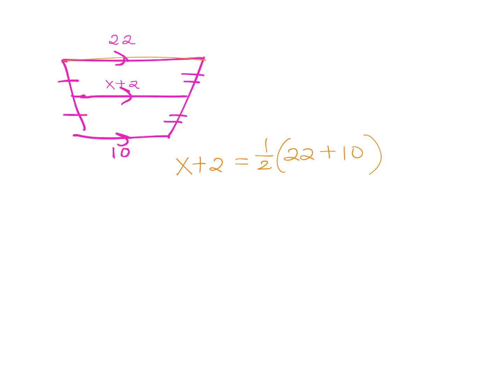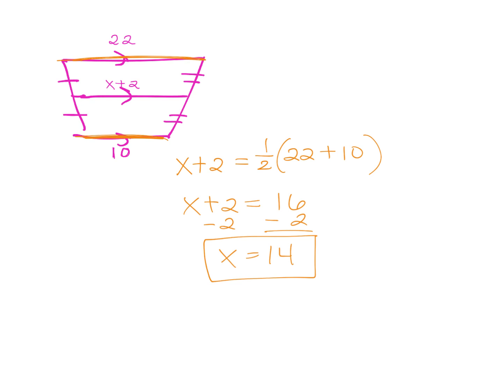Just make sure you're adding these two together. Don't subtract them and don't ditch the 10. A lot of times because you are so used to the triangle one, people just forget about that other base. Make sure you use both of them. So this would be half of 32. So x plus 2 equals 16. There's my 16 again. Take away 2. So x would be 14. Questions on that?